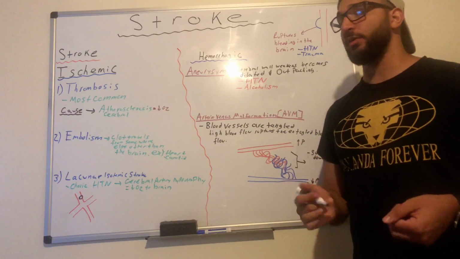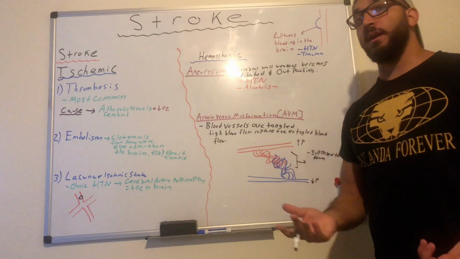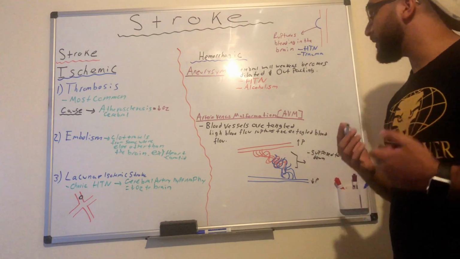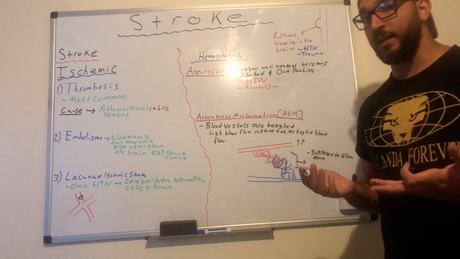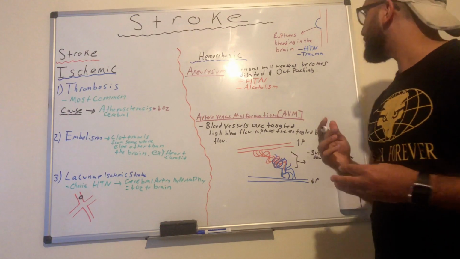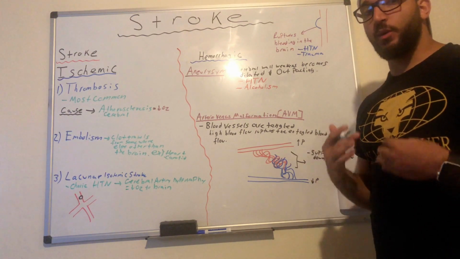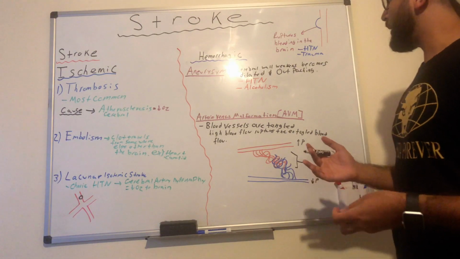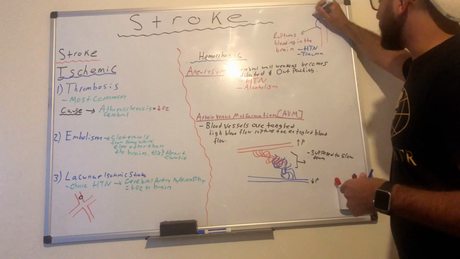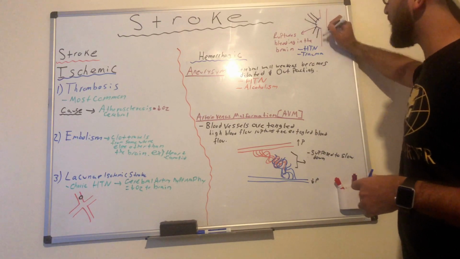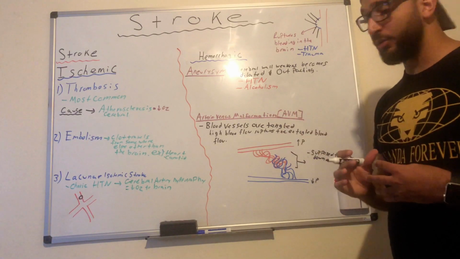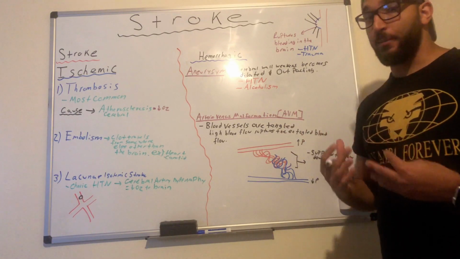What is that caused by? Well, it's caused by chronic hypertension. Also, alcoholism is a major factor of an aneurysm. So due to that outpouching, if the patient has chronic hypertension, it's going to cause the outpouching to rupture, leading to blood escaping out of that pouch and causing a hemorrhagic stroke.